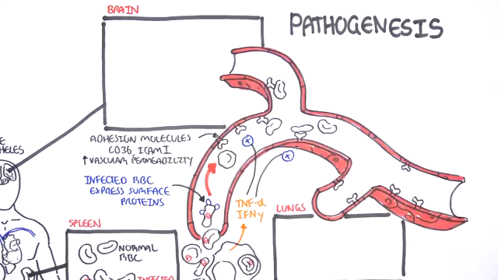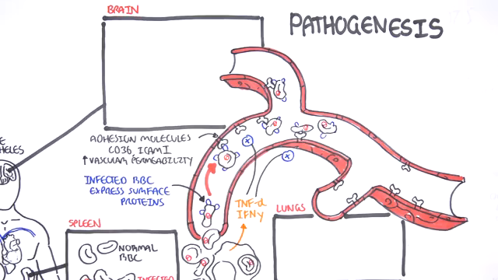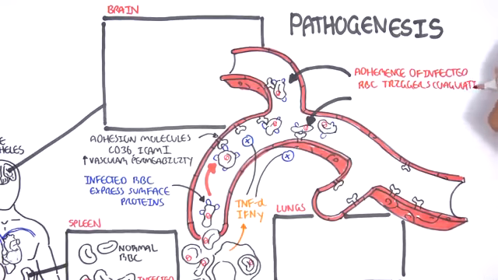However, if an infected red blood cell can adhere to an adhesion molecule on an endothelial cell, it will trigger coagulation by activating thrombin. So essentially, it will create a clot.